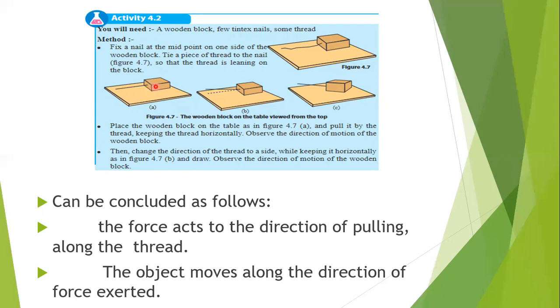When you pull the thread forward, this wooden block also moves forward. When you move the thread a little bit to the side, this wooden block also moves that way. So it's a simple thing that we all know. The object moves along the direction of the force exerted.